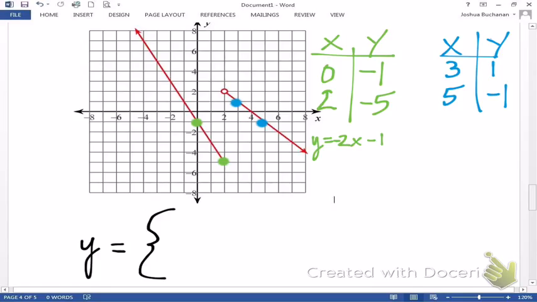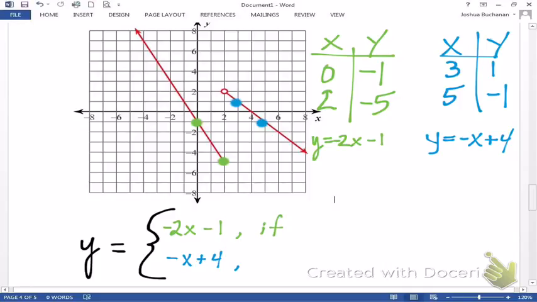So the second equation is y equals negative x plus 4. And so there's our 2 function rules. We have negative x plus 4 as the second equation, and negative 2x minus 1 is the first one.